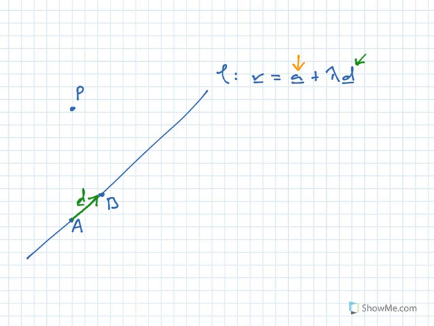Okay, so now we want to work out how we can generate some perpendicular line to our line L which passes through P. Well, the easiest way to do it is by drawing a parallelogram.